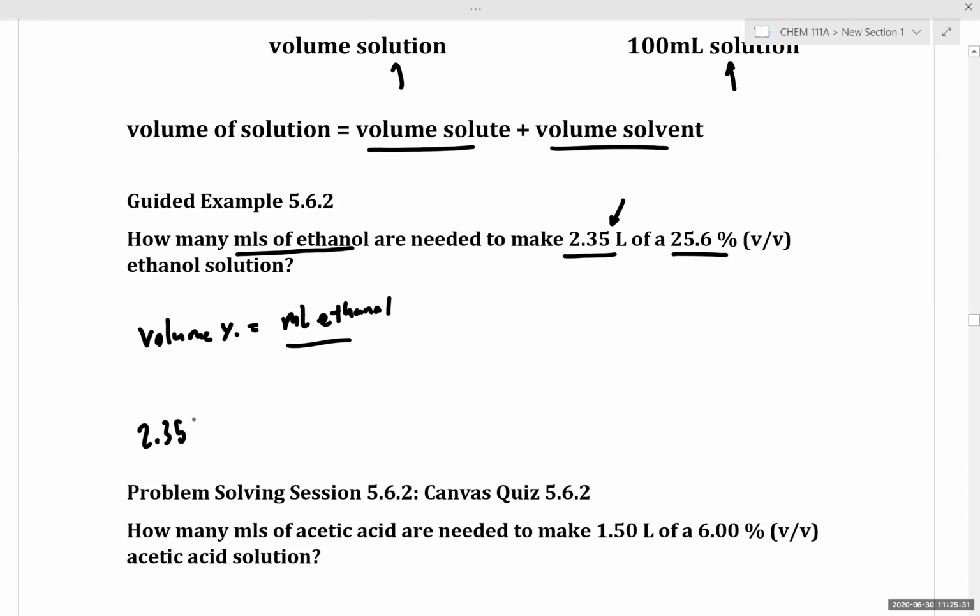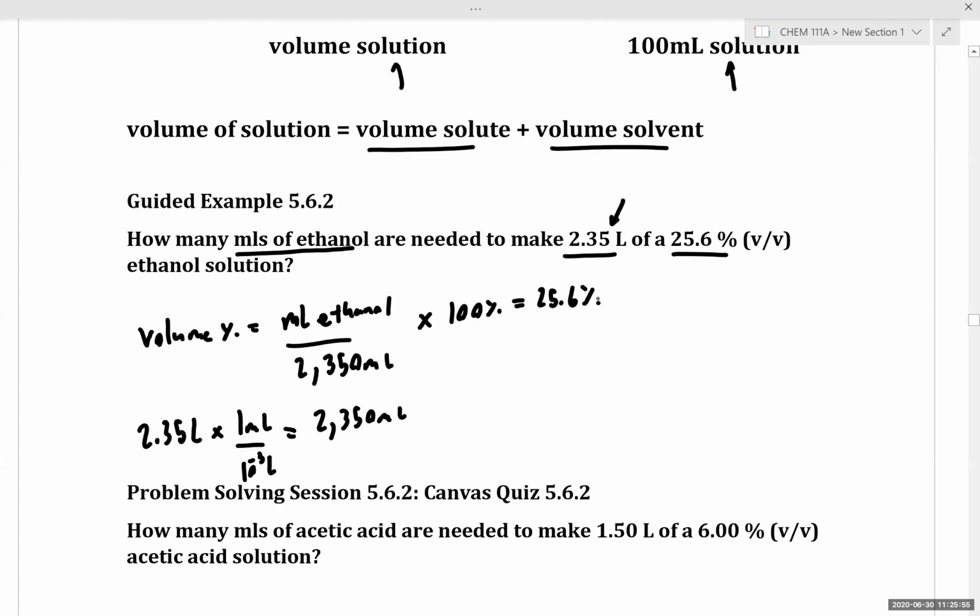So we have 2.35 liters, and we know 1 milliliter is 10 to the negative third liter, which gives us 2,350 milliliters. You always want to make sure your units are the same. Times 100%. And we know our volume percent is 25.6%.